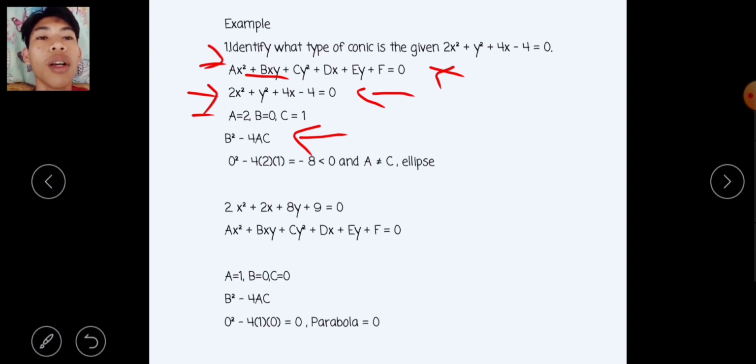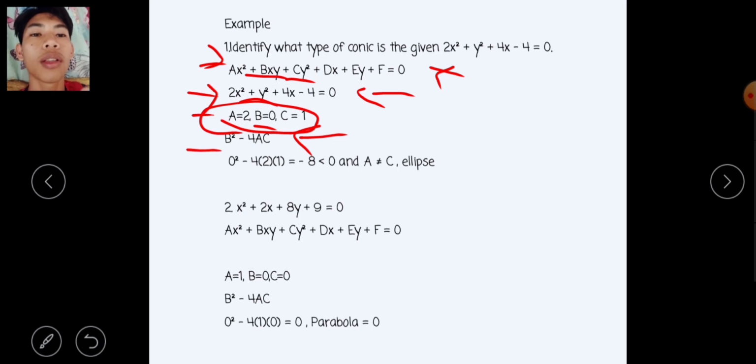So no. So our b is 0, and c is the coefficient of y squared. So this one. So for our c, we have 1. So we have completed these three to use this formula.